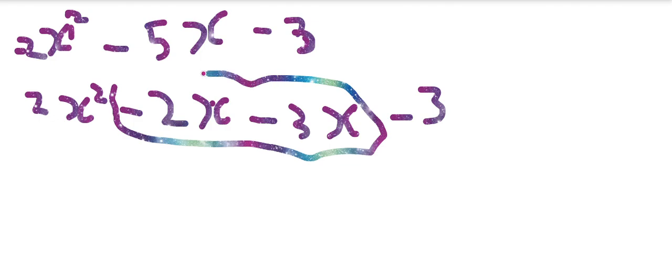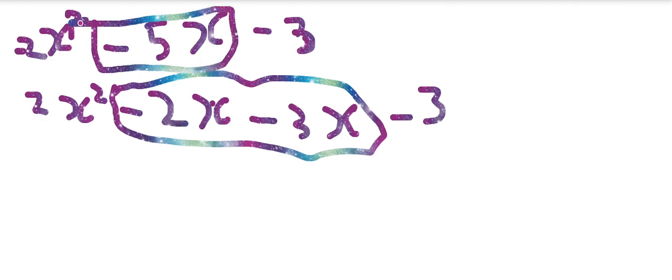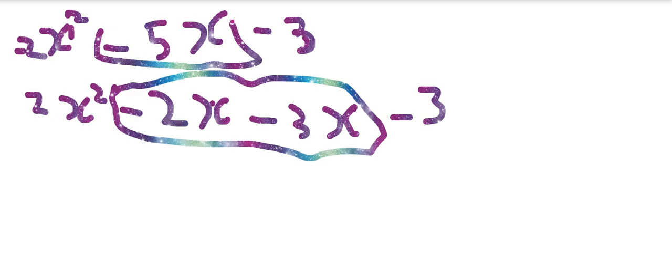What we are doing is we are dividing this negative 5x. In math we can also divide things, like if the answer is 5, we can also write it as 3 plus 2, or 3 plus 2 minus 1 plus 2 and then minus 1.